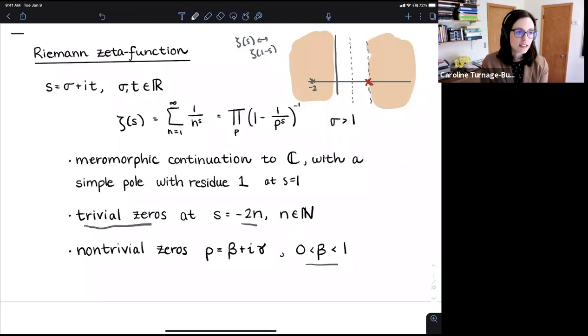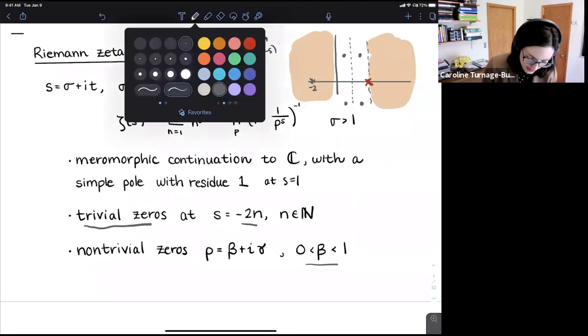Because of the functional equation and the fact that the zeros are symmetric about the x-axis, once you get one zero, you actually get 3 more, right? Because of symmetry properties. And when you dig into the proof of the prime number theorem, the better error term you can get is when the zeros are as far away from the 1 line as possible.